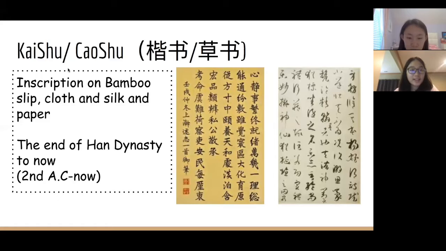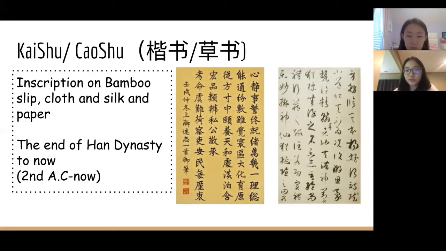And then there are KaiShu and CaoShu. These two scripts happened in the same evolution period, and KaiShu especially is from the end of the Han Dynasty to now. So it means that people in China are still writing KaiShu. It's also inscribed on bamboo slips, cloth, silk and paper.